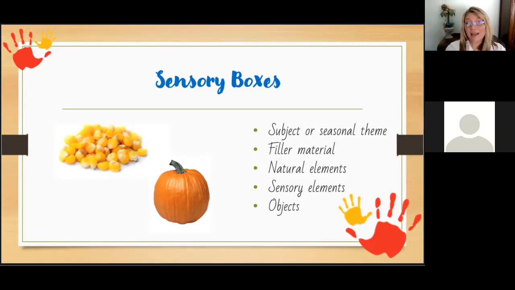You could have sand as your filler material, seashells, found objects, maybe driftwood from the beach. And for your created objects, some sand toys or little plastic boats or sea animals. So you want to have a mix of created objects as well as natural elements and sensory elements.